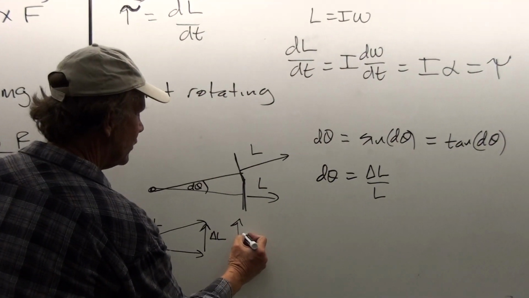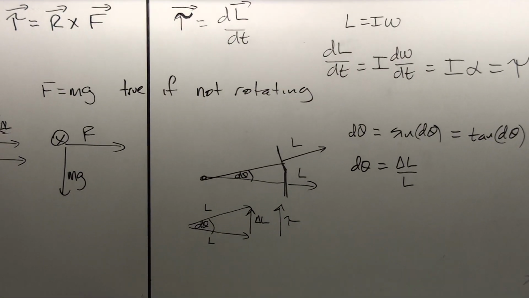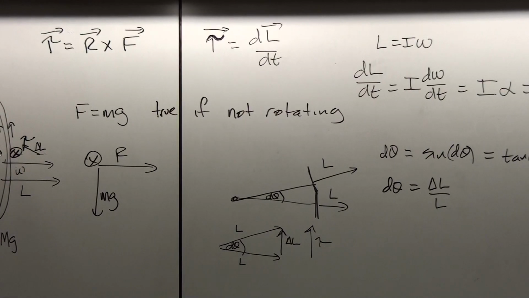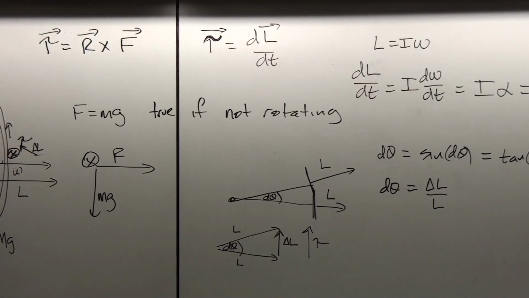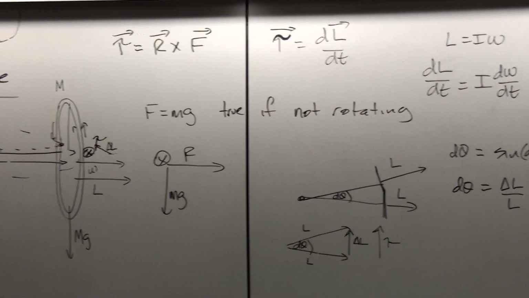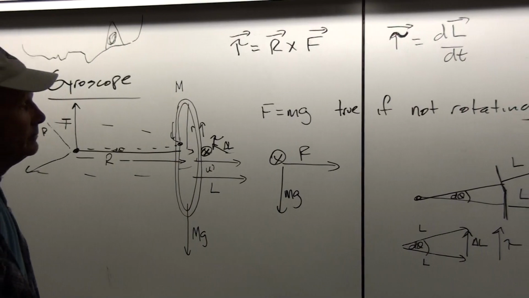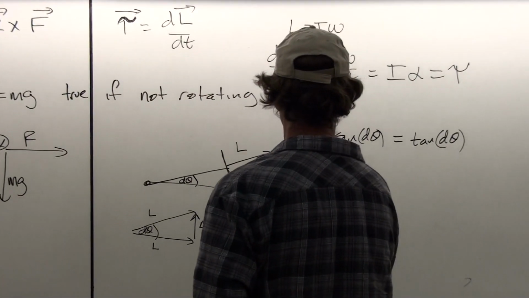That must be the same direction as the torque is being applied. And so it causes this non-intuitive change in the direction of the disk as it's rotating around and around in this horizontal plane. So from that we can get the precession frequency.